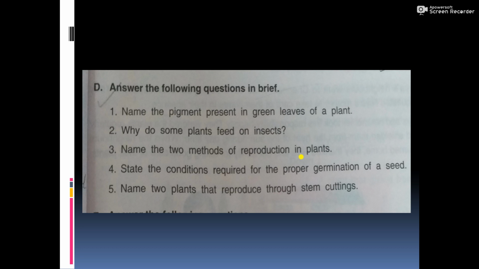I told you previously, and this nitrogen content is not fulfilled from the soil, so the insects enter the plant and the plant absorbs the nutrients from the insects that contain nitrogen, and then growth is possible only due to this in the insectivorous plant.